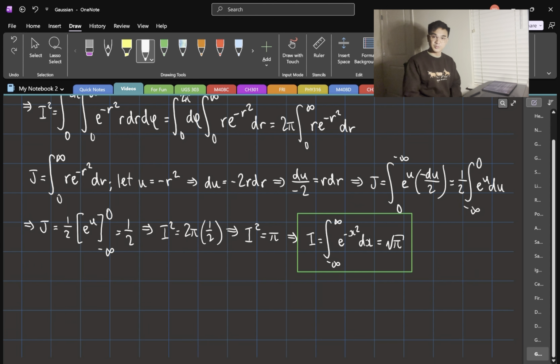In physics, this pops up in statistical mechanics. It's in the Maxwell-Boltzmann distribution, which is basically a distribution of speeds of molecules within a gas. That distribution kind of explains why, if you have water on the road, like in a pothole, it eventually evaporates.